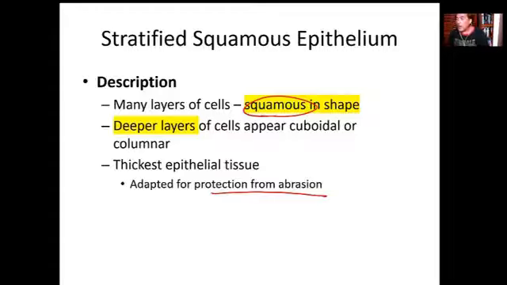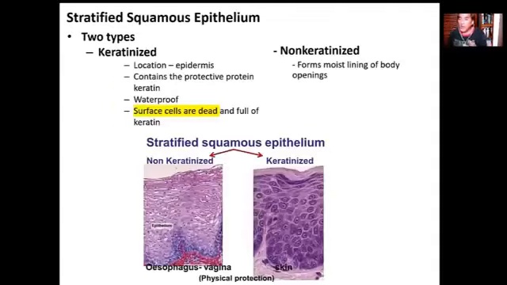That's the reason why the stratified squamous epithelium protects from abrasion. There are two types of stratified squamous epithelium. The stratified squamous epithelium can be keratinized or non-keratinized. One is keratinized. It means the top portion of the cells are dead cells. So this is the top layer of the skin, stratified squamous epithelium. From here to here is epithelium. And remember, it's multiple layers.